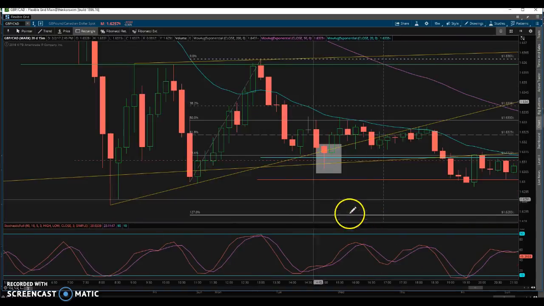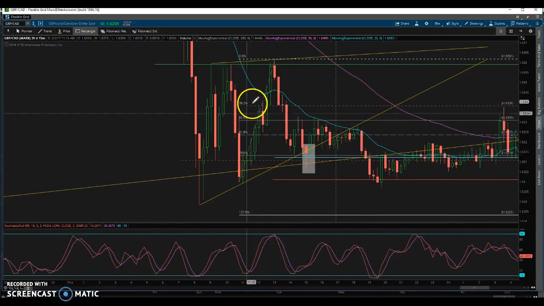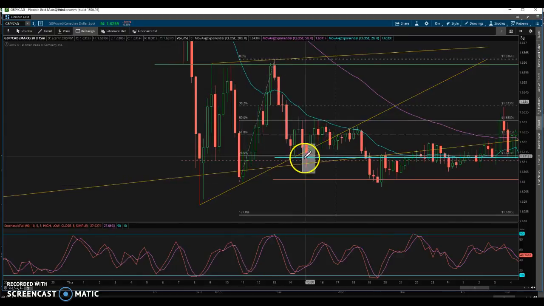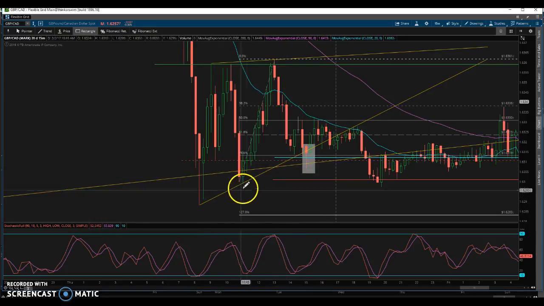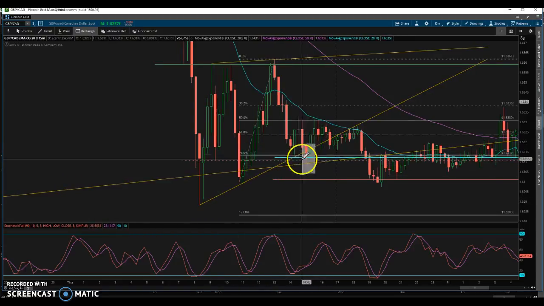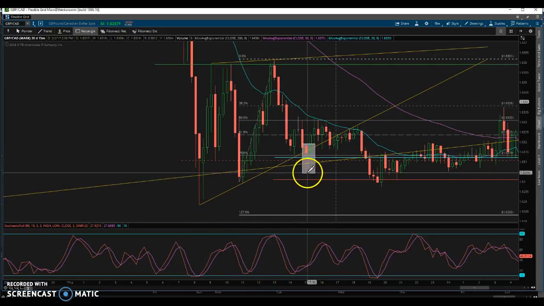I don't typically trade off the 15-minute charts, but I do the same kind of typical analysis on it. You got a fib, you got a little structure level here, and then you have that little trend line right there. So this was my entry right here.